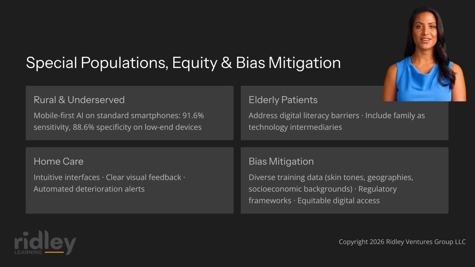AI technologies have the potential to drive cost-effective, scalable, and equitable healthcare solutions by enabling resource-efficient tools deployable in low- and middle-income countries, mobile diagnostics, and lightweight algorithms that function on standard smartphones. Realizing this potential requires proactive attention to bias mitigation, regulatory framework development, and equitable access to digital infrastructure.